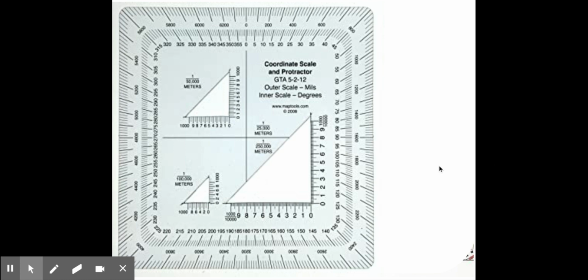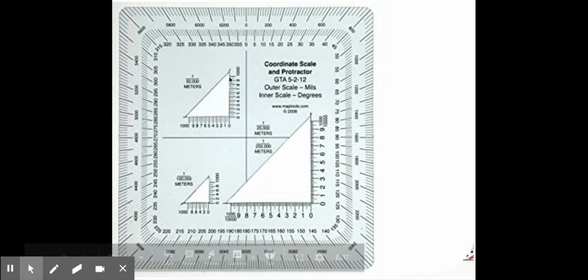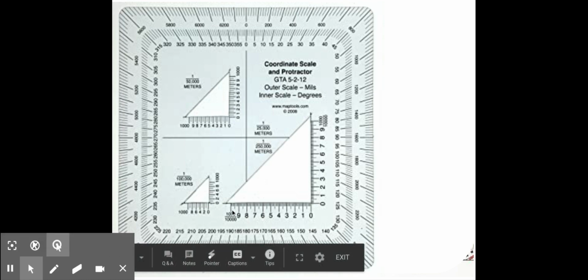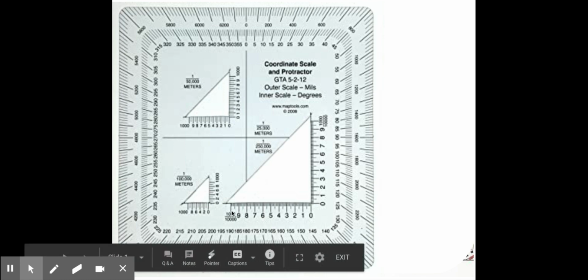And so, when you look at these little scales here, each one of these would represent 1,000 meters, 1,000 meters, 1,000 meters, 1,000 meters. And so this would be 100 meters, 200 meters, 300 meters, 400 meters, 500 meters, 600, 700, 800, 900 meters on the actual map. And these would kind of correspond to the grids.